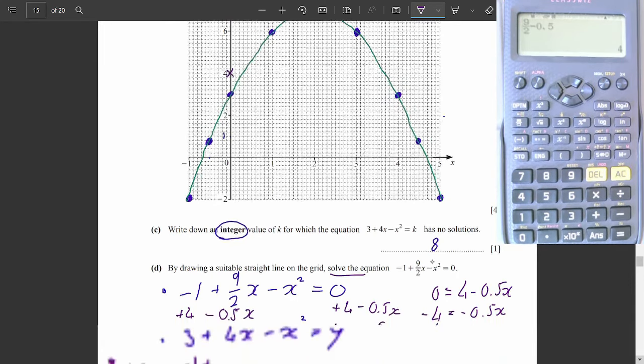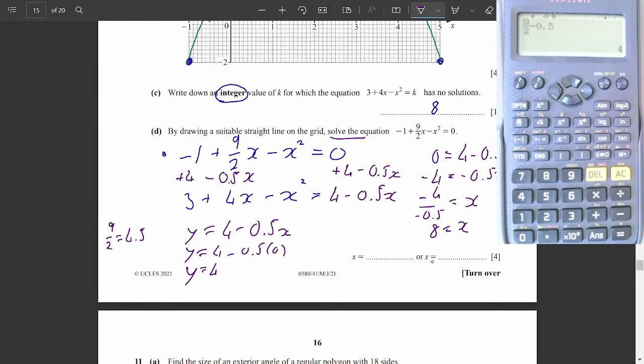We need to remember that the general form of a straight line is y equals mx plus c. In this case, if you rearrange it, it's minus 0.5x plus 4. So that was our y-intercept, and our gradient m is minus a half.